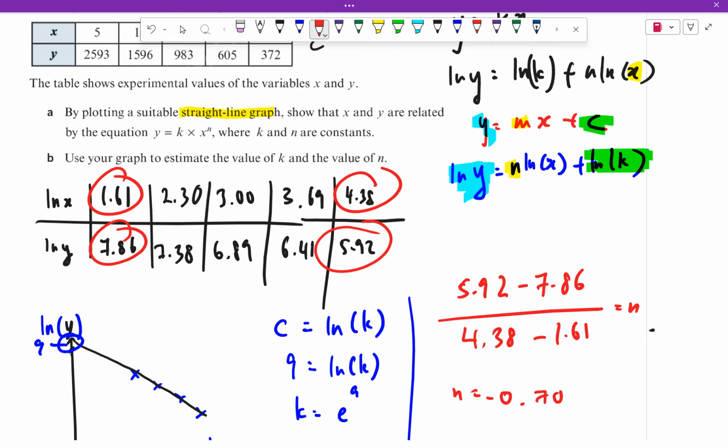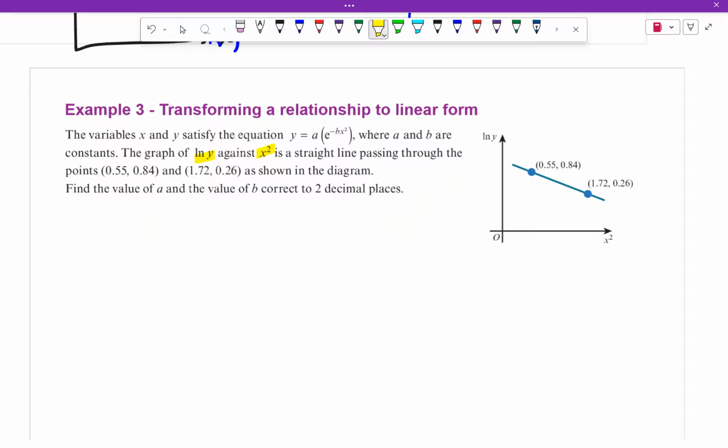Okay. 2 more questions. The variables x and y satisfy the equation, and a and b are constants. So the graph is showing ln of y against x squared. So again, it's not necessarily always the case that it's both ln. Okay? It can change around. And it does pass through 2 points.